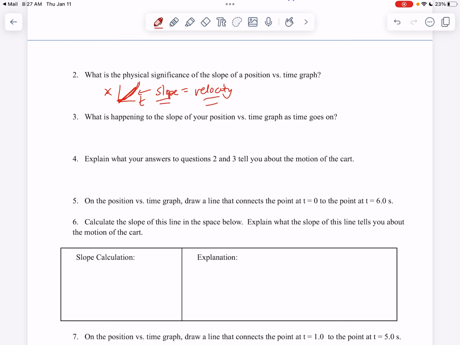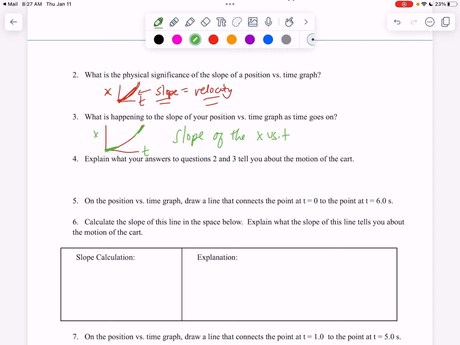As time goes on in our graph, you can see down here, right? If I did a slope in this part, it's a lot more shallow than it is in this part. Okay, so the slope of the x versus t graph is increasing. It's getting steeper.